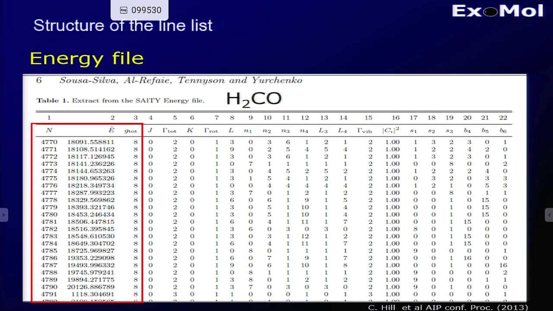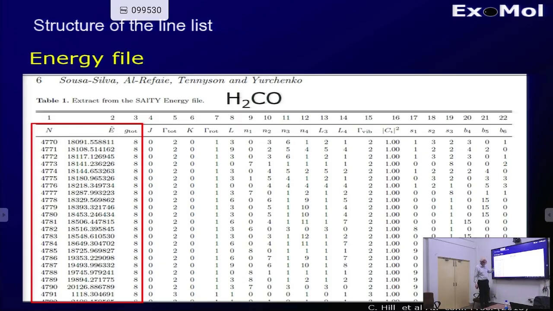18,000 wave numbers. The third line is the total degeneracy. So that's 2J plus 1 for the rotation, plus a nuclear spin degeneracy. And we can see here that J is 0 for all these ones here, actually, just this snapshot. So that gives you a rotational degeneracy of 1, because 2J plus 1 times 0 for J is 1.